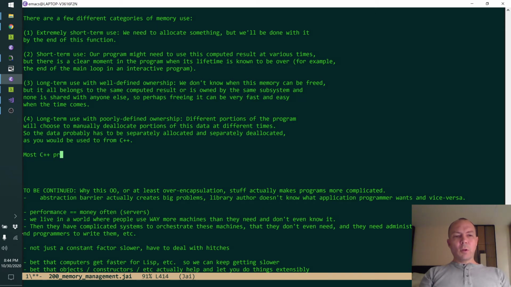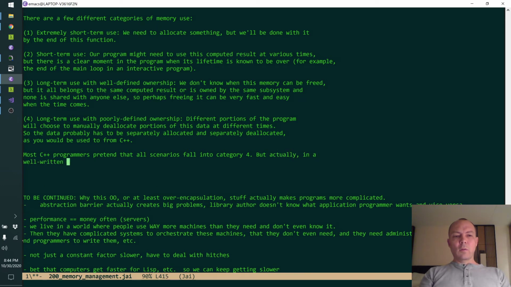Most C++ programmers pretend that all scenarios fall into category 4, but actually, in a well-written program, category 4 is very rare.